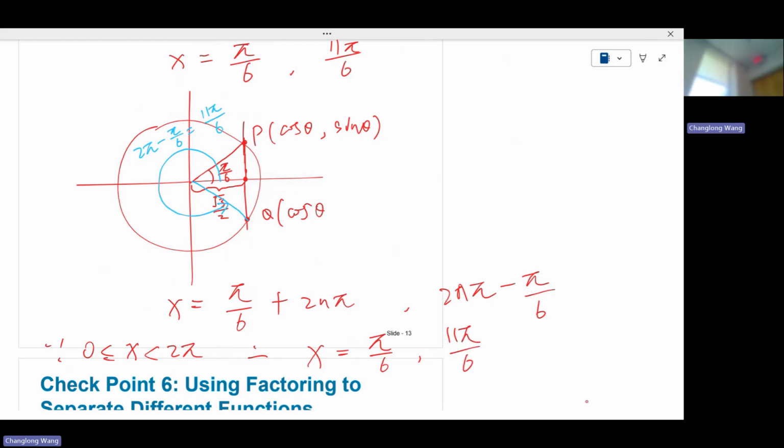Now, in Max's choice of the second angle, he has to take n to be 1 to get 11 pi over 6. Do you see that? If you go with 0, you get negative pi over 6. I mean, nothing wrong with it, but somehow they want the angle to be between 0 and 2 pi. Okay. But at the end of the day, the two angles from the general solution have to be in a range of 1.